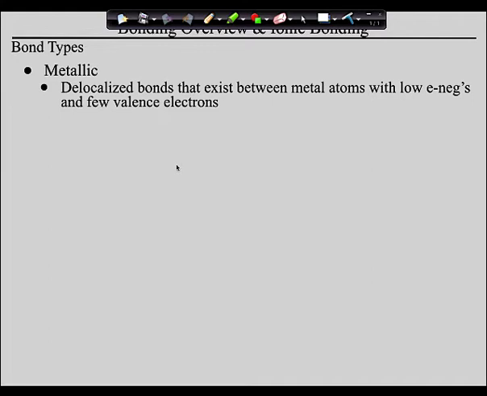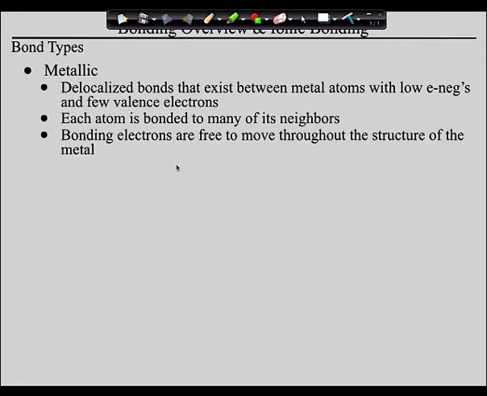Metallic bonding involves the delocalized bonds that exist between metal atoms which have low electronegativities and very few valence electrons. You understand that what these things do is they end up forming bonds with all of their neighbors because the nuclei are diffusely attracted to this cloud of electrons that we associate with the entire substance.